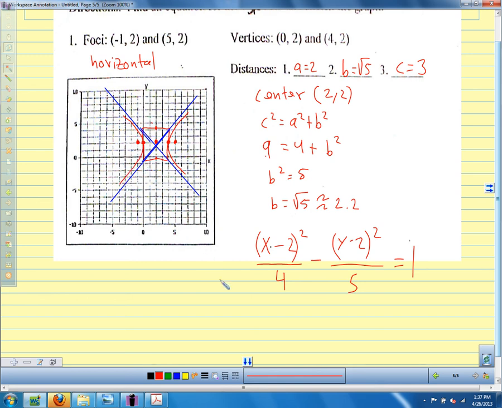We could substitute y equals 0 in here and find where it crosses the x-axis. But to sketch your hyperbola, what you want to do is draw that little box by finding the transverse vertices, connect the two vertices and the transverse vertices with the little box, and sketch your asymptotes between the corners. And that tells you how wide or how narrow your hyperbola is going to be.